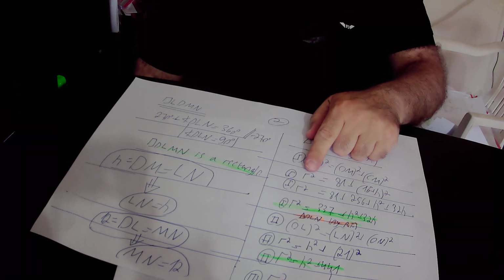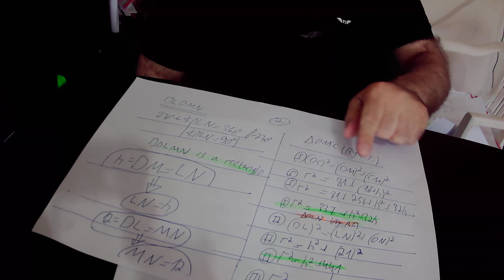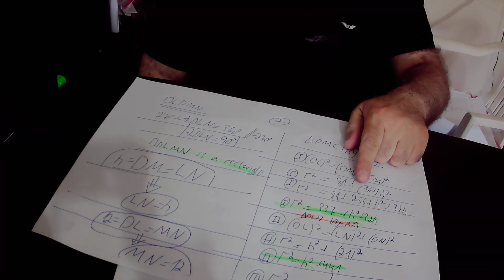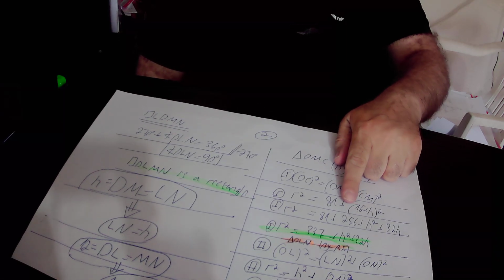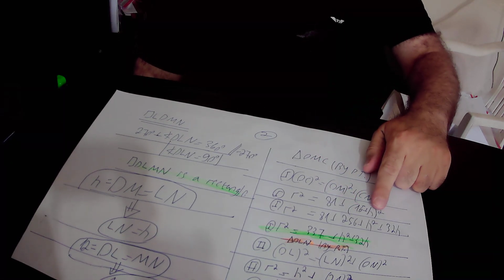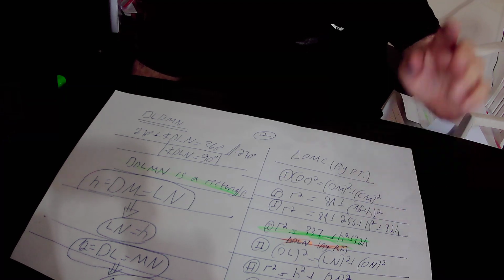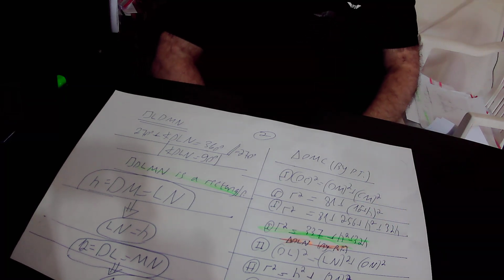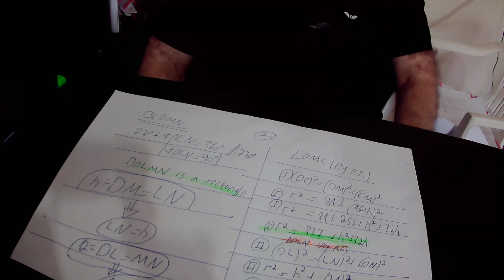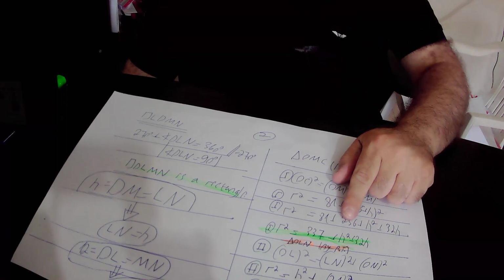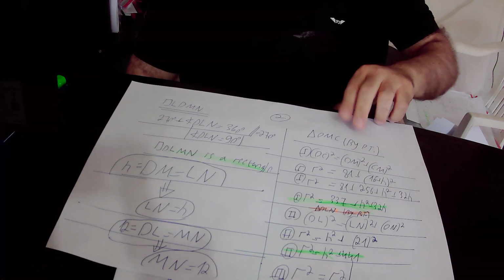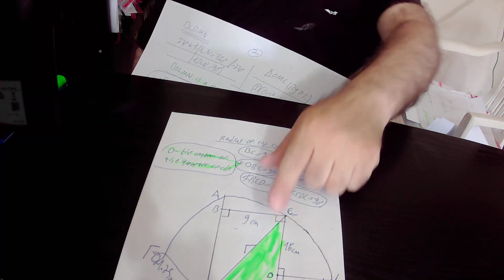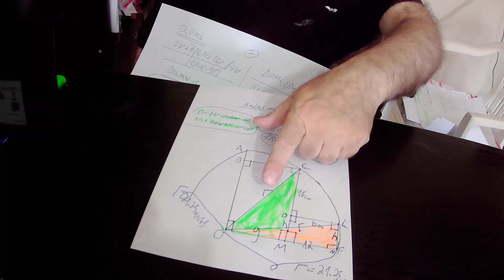So on this side of the equation we have R squared equal to 81 plus 256, but 81 plus 256 is 337, plus H squared plus 32H. So in conclusion, according to equation number 1, R squared equals 337 plus H squared plus 32H. In the next step, we join points O and L together by a straight line.